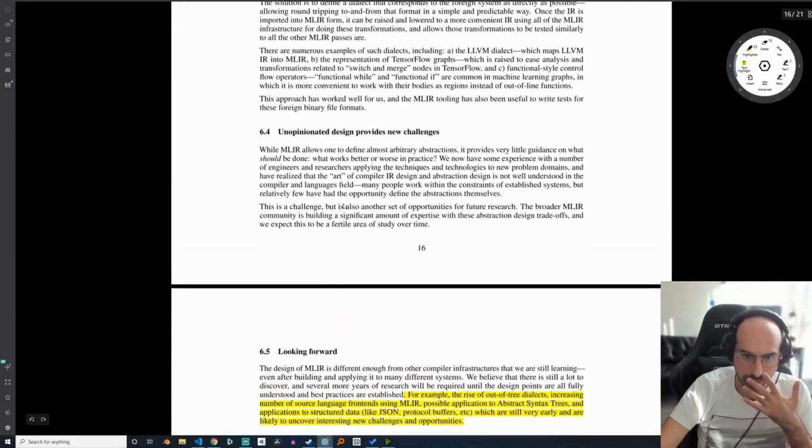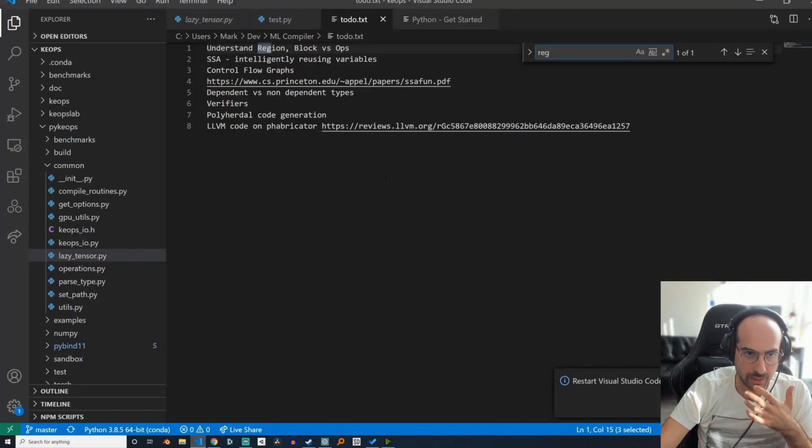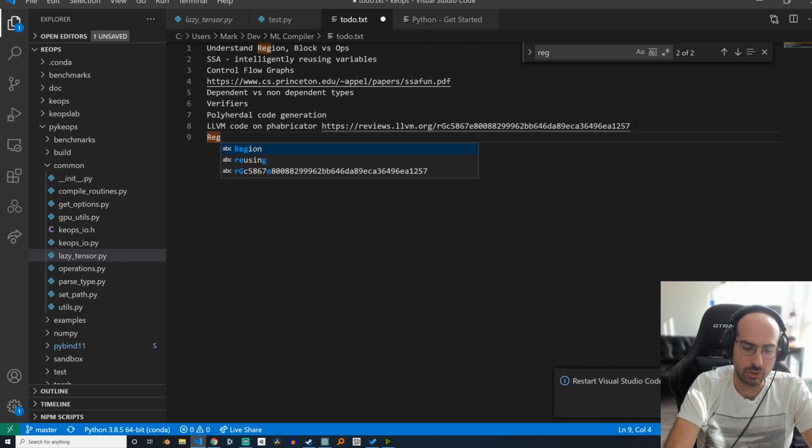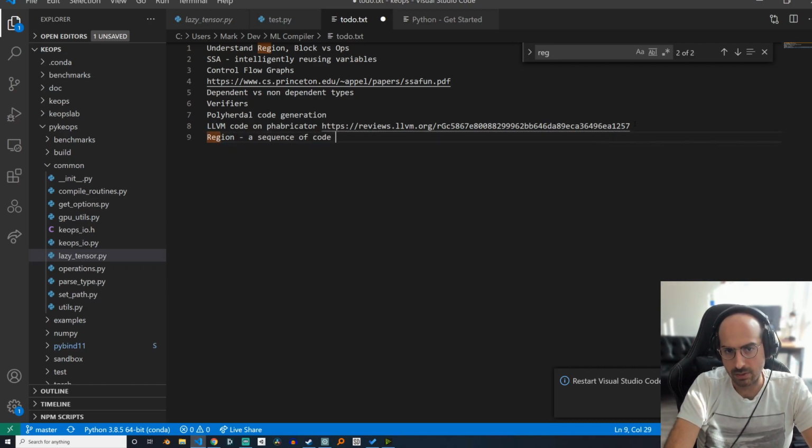So let's see, one thing I want to check about. Okay, so basically the thing about regions, I think a region means a sequence of code blocks, and figuring out what can be executed concurrently or in parallel.